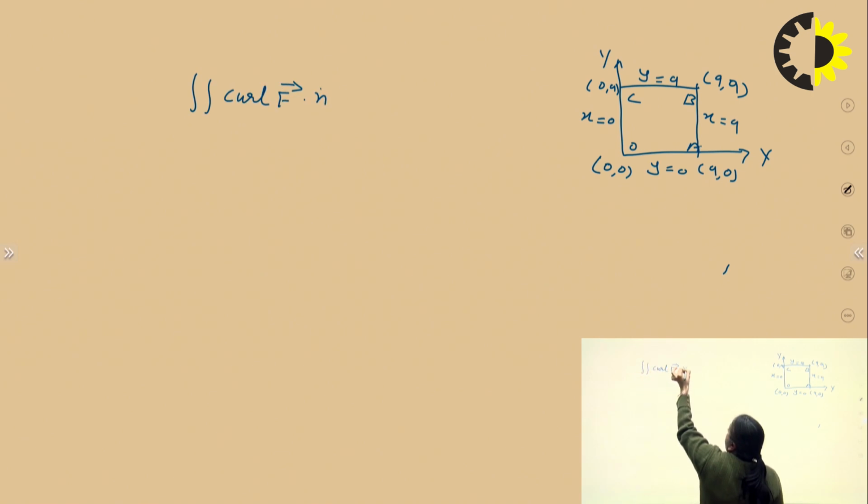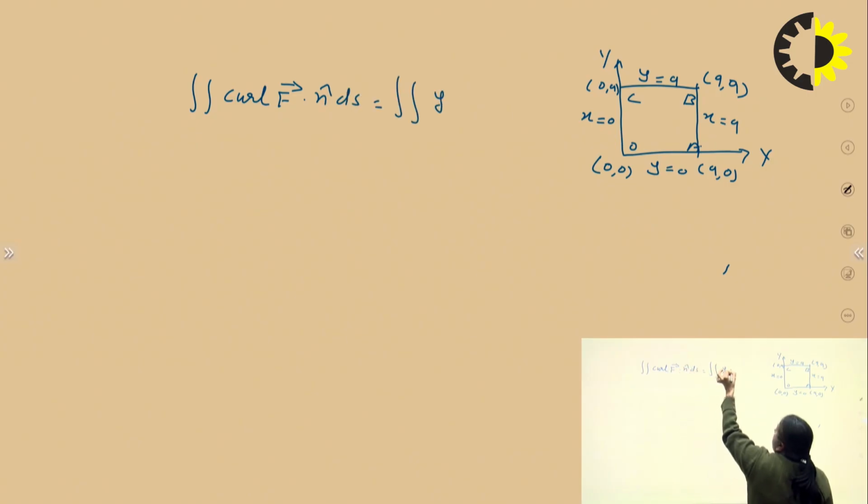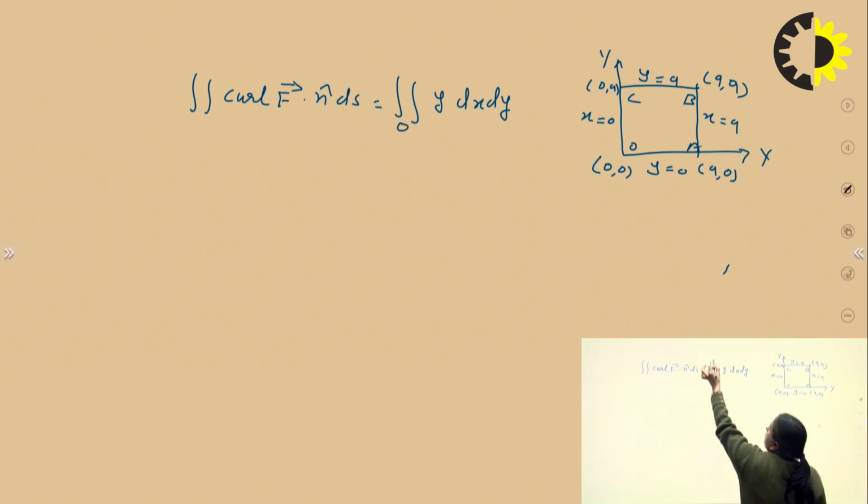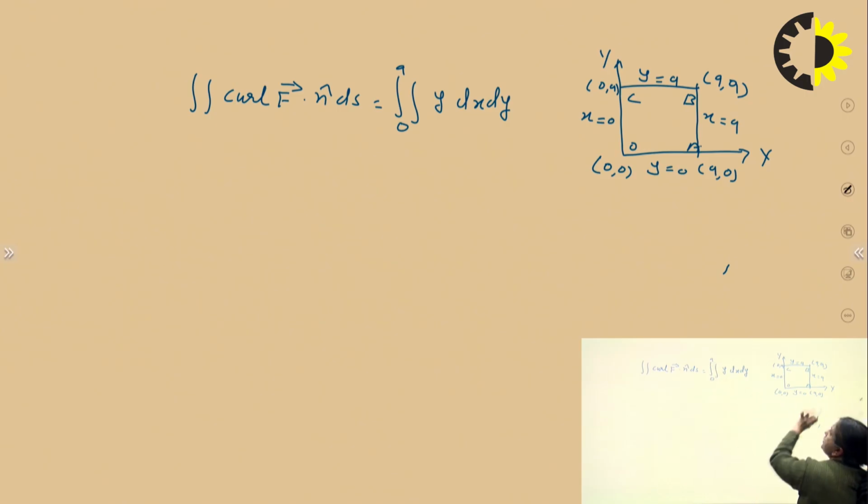So our RHS is the double integration of curl of f vector dot n cap ds, that is equal to y dx dy. Now we have to find the limits of x and y. The limit of y will be 0 to a and the limit of x will also be 0 to a.